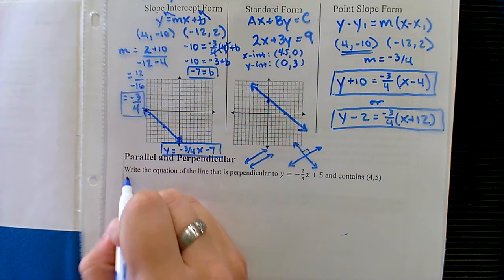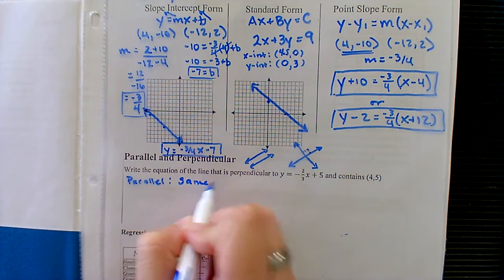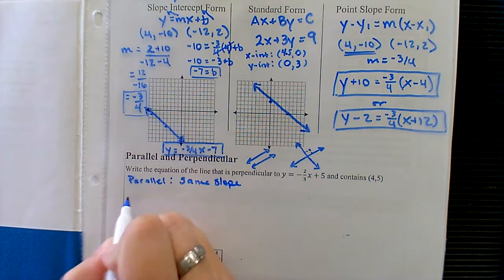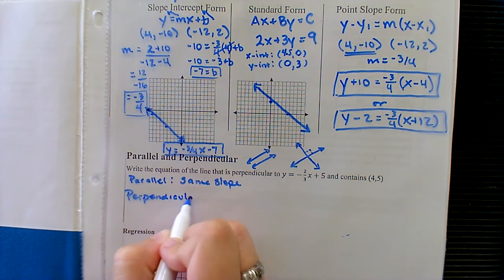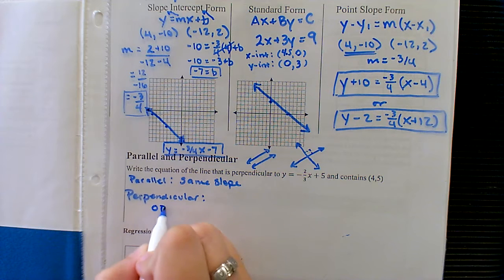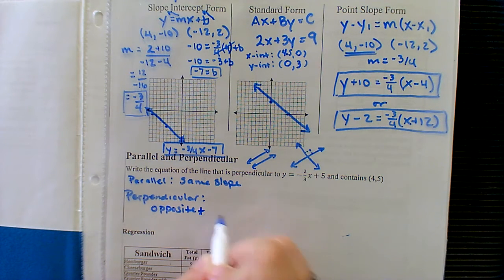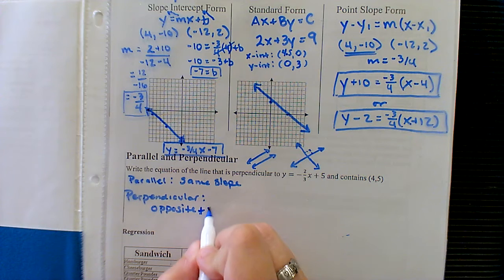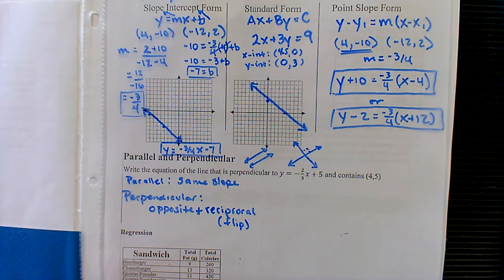Reciprocal. Okay, so let's see. Parallel lines have the same slope, whereas perpendicular, they have what's referred to as opposite and, I'm going to put a little plus there, opposite and reciprocal. Reciprocal is that flip idea.